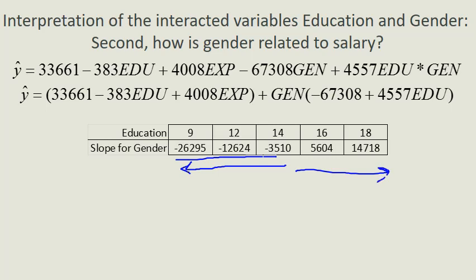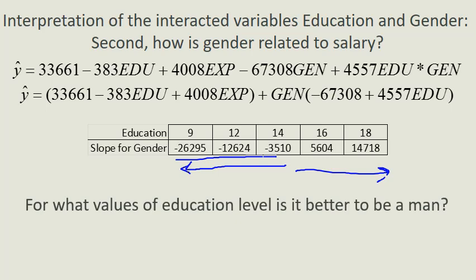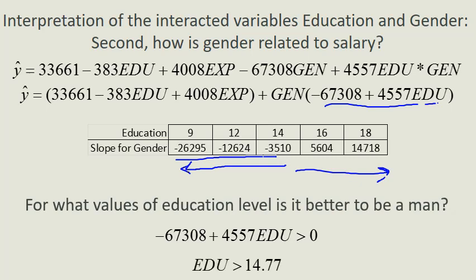So let's find the exact point where education begins to favor men. This would mean that the slope of the gender variable must be positive. And this happens when education is greater than 14.77.